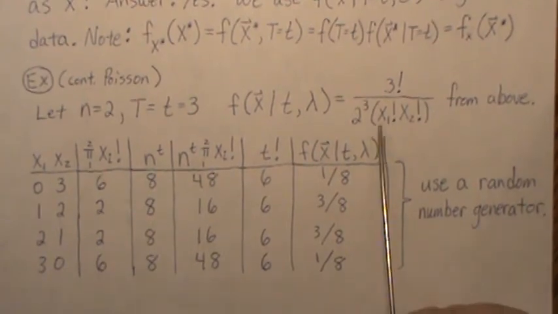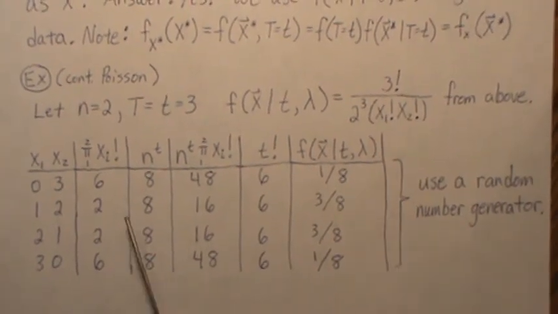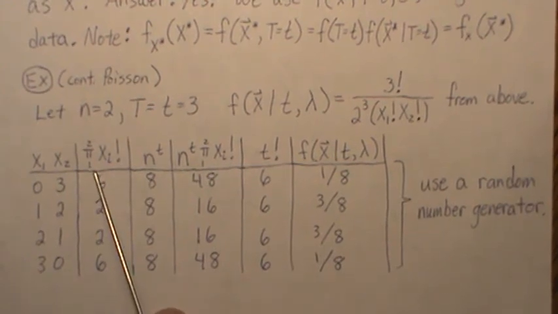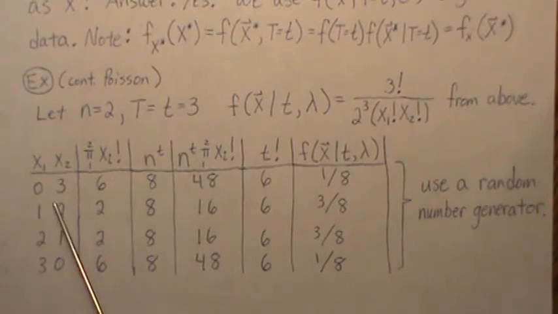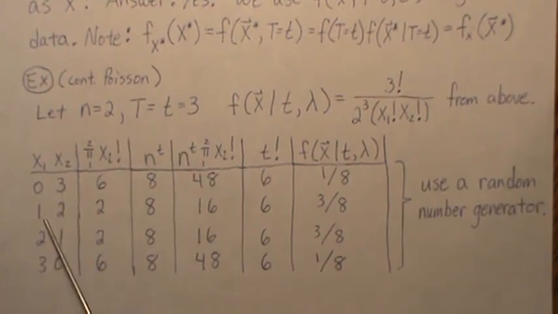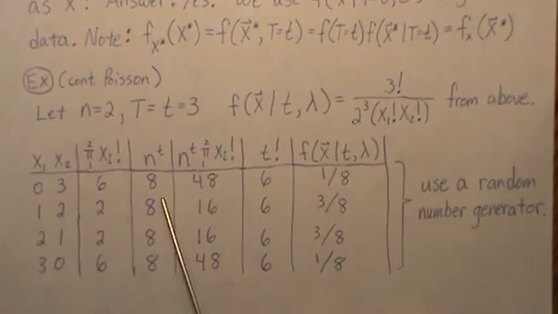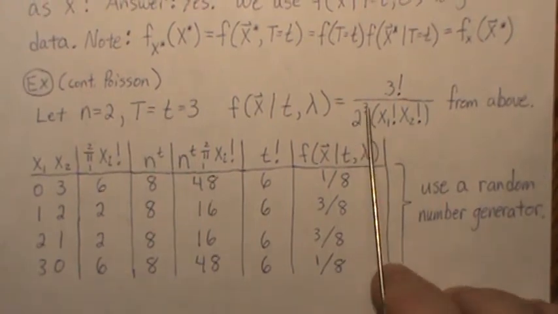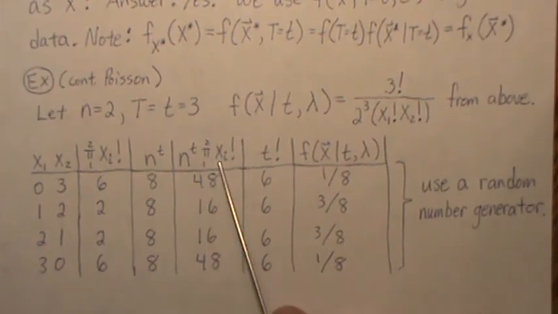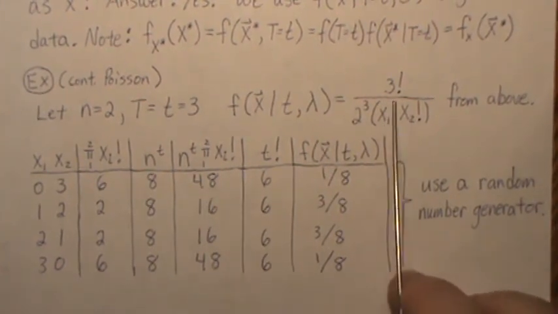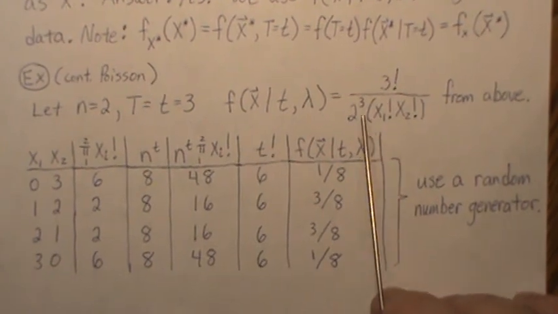So now I'm going to build this up in stages. So the product of these, from 1 to 2 of these factorials is 0 factorial times 3 factorial, which is 6, 2, 2, 6. And then n to the t, which is this piece here, so it's always 8. And then we take this product, which is this bottom piece here.